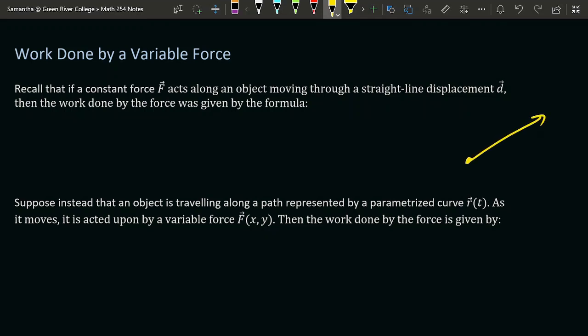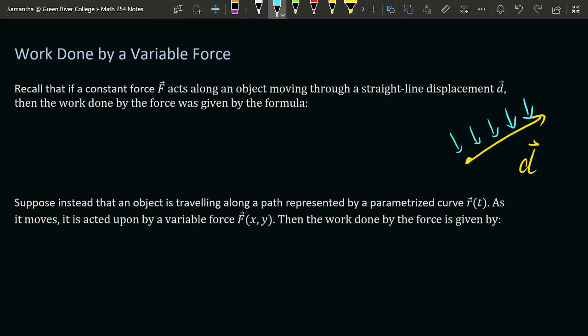So an object is moving along a straight line represented by a vector d for this displacement, and as it is moving, it is being constantly acted on by exactly the same force, a force with exactly the same direction and strength throughout the entire journey.